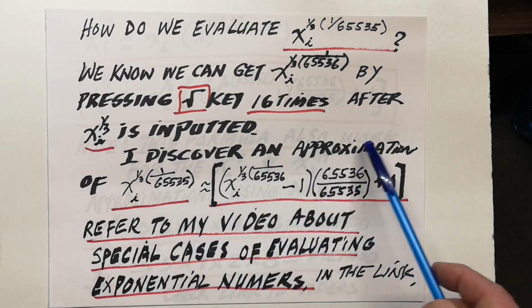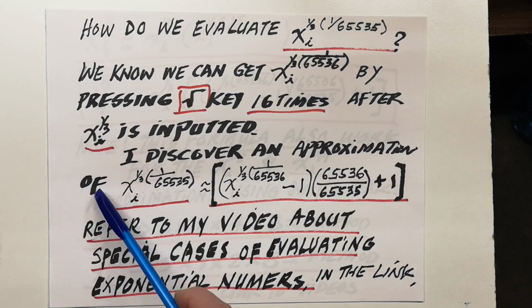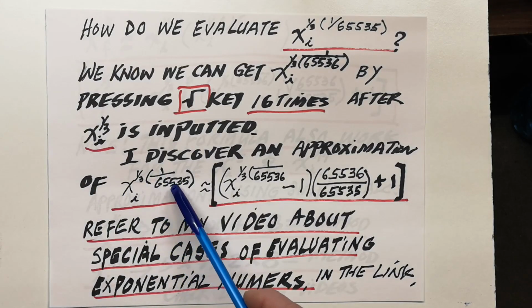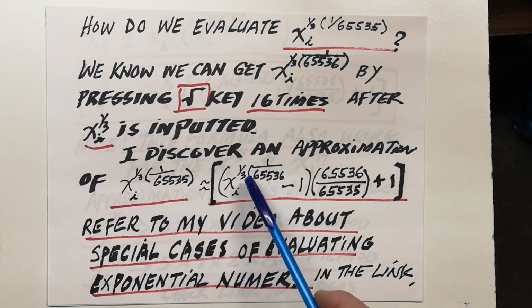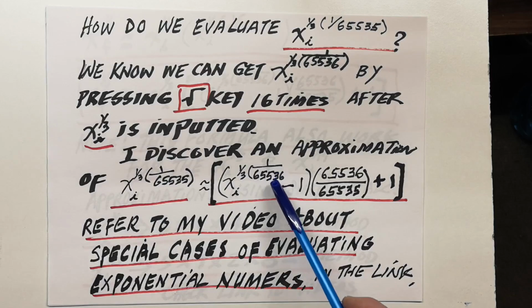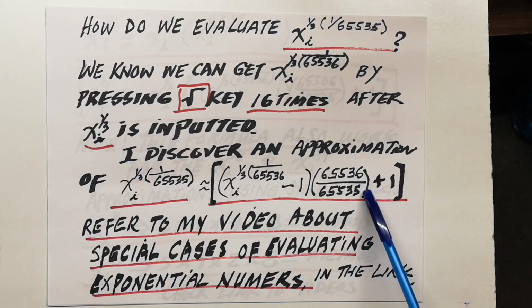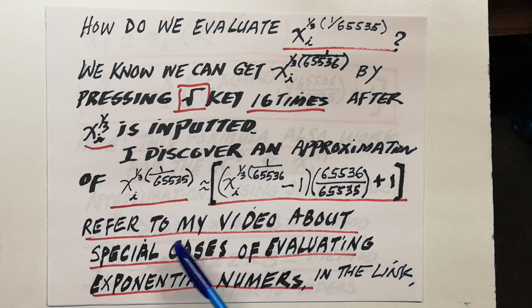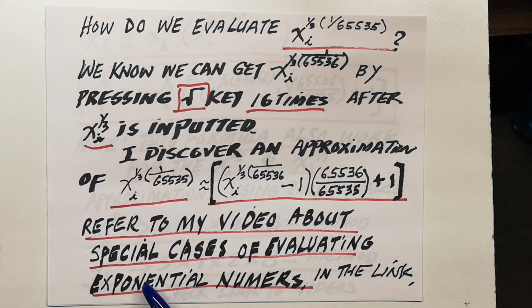I discovered an approximation: x raised to the 1 over 65535 is approximately equal to x raised to the 1 over 65536, minus 1, multiplied by the ratio of 65536 divided by 65535, then you plus back 1 again. Refer to my video about special cases of evaluating exponential numbers in the link.